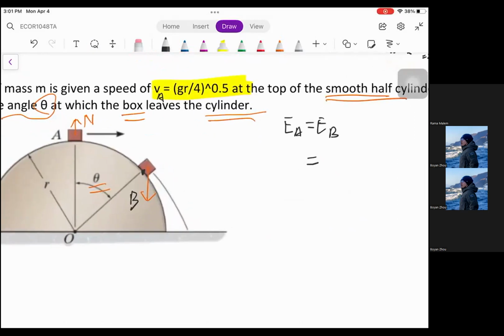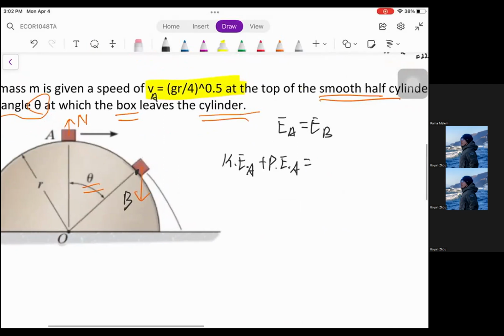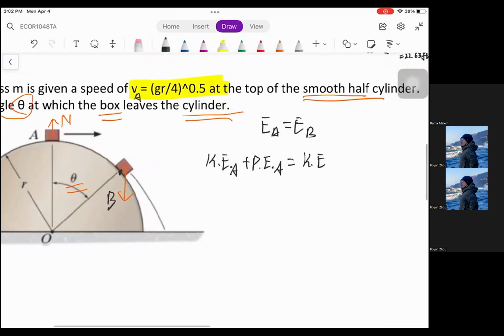It's gonna be the same thing: kinetic energy at A plus the potential energy at A is equal to the kinetic energy at B plus the potential energy at B.